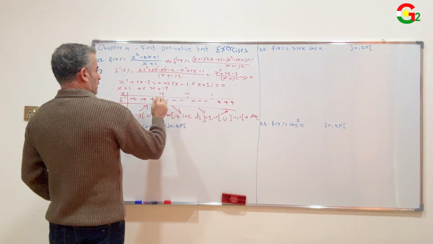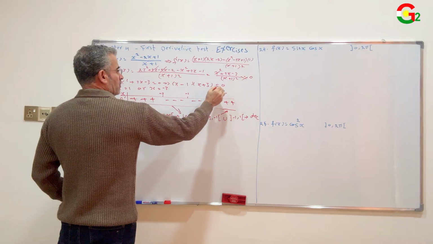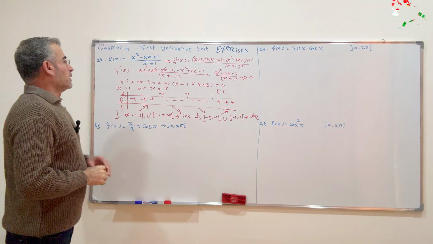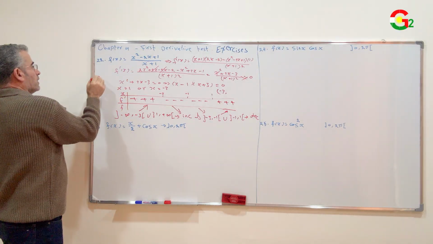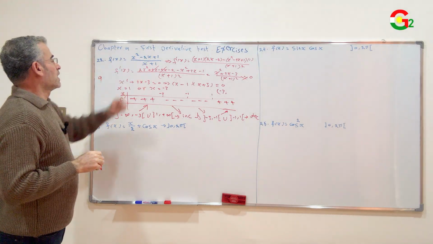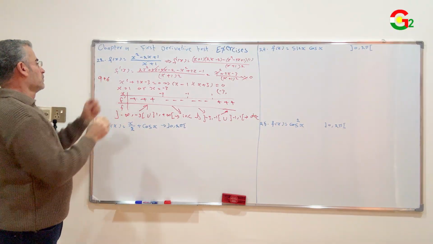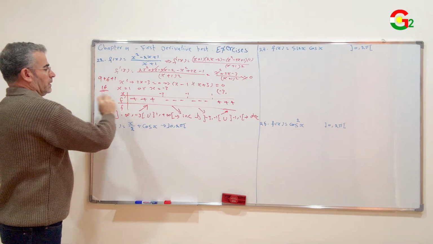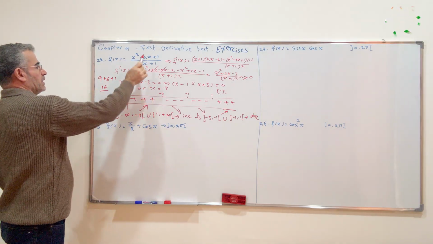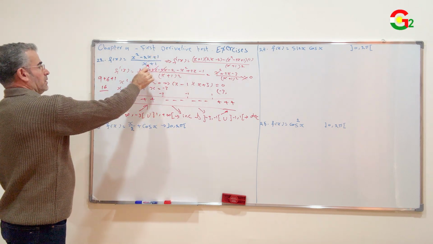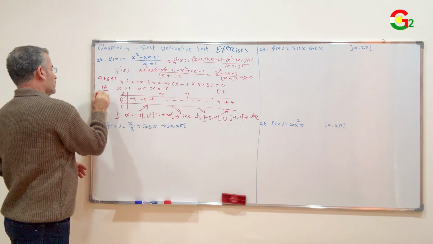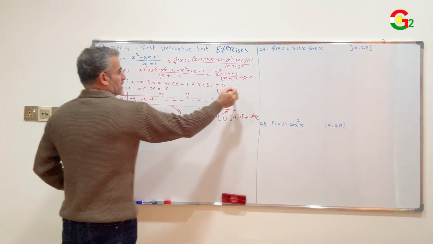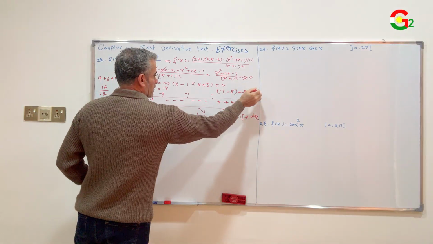For the point negative 3, substitute negative 3 in the function to find the y coordinate. Negative 3 squared is 9, plus 6 plus 1 is 16, over negative 3 plus 1, which is negative 2, giving negative 8. So (negative 3, negative 8) is a local maximum point for this function.